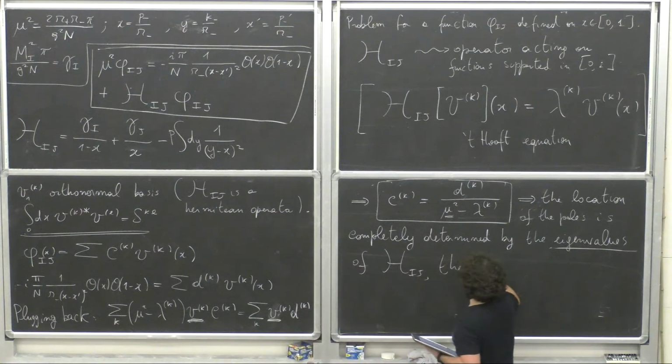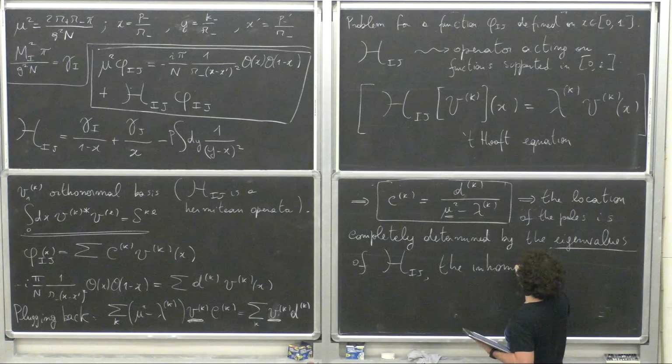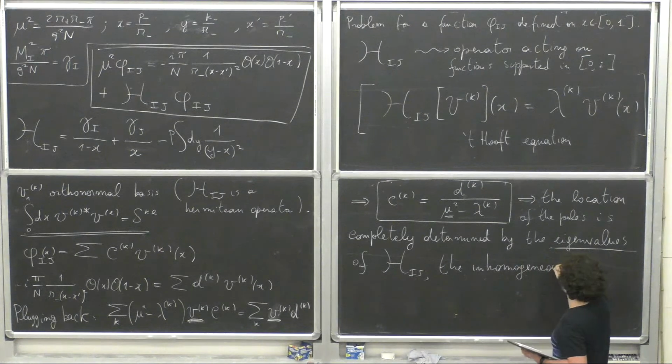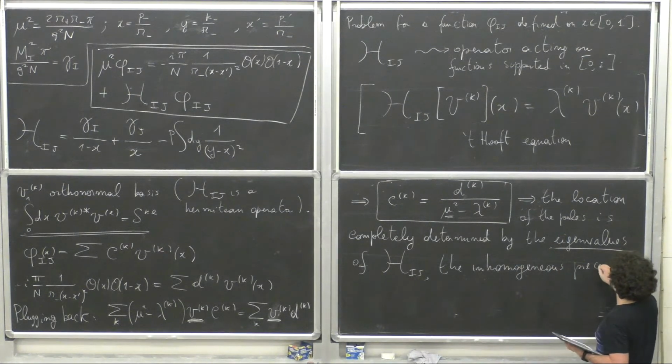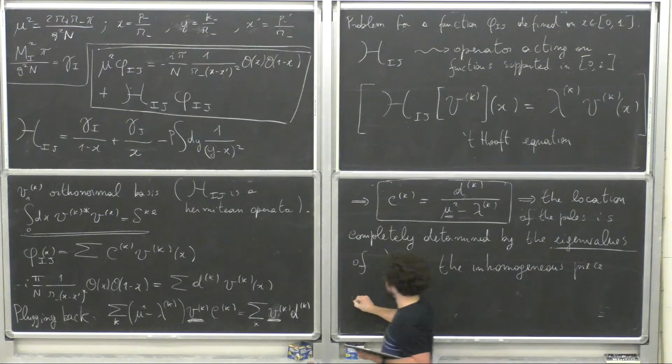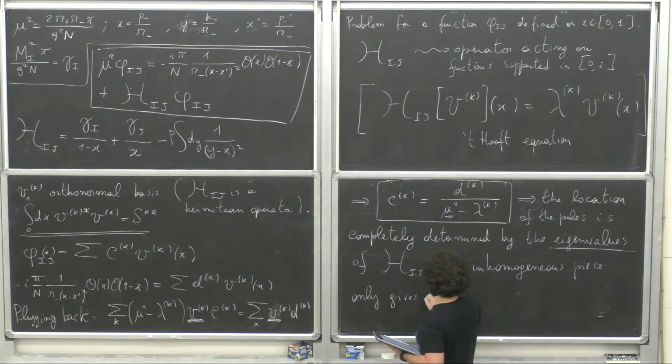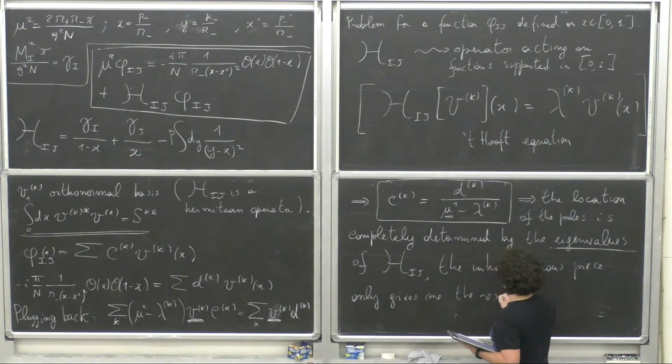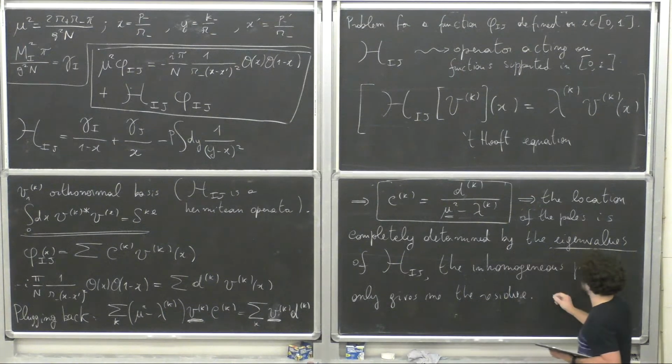The inhomogeneous piece only gives me the residue. Okay, this is just again the same argument as before.